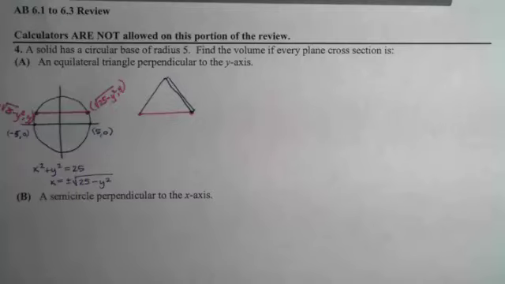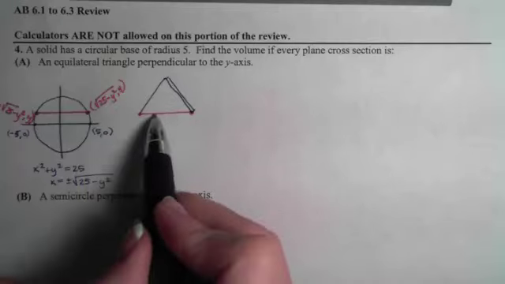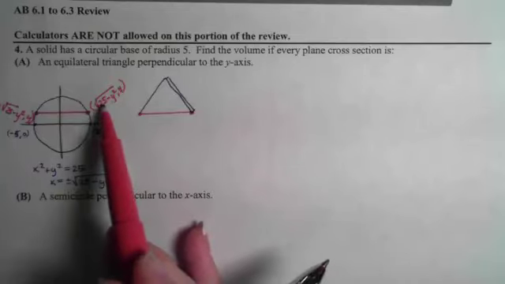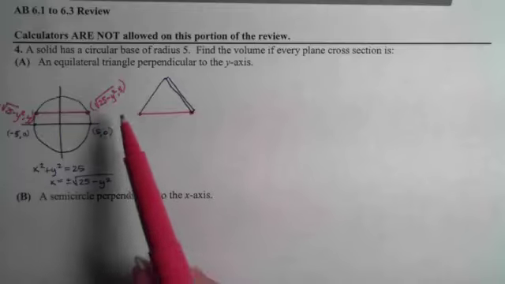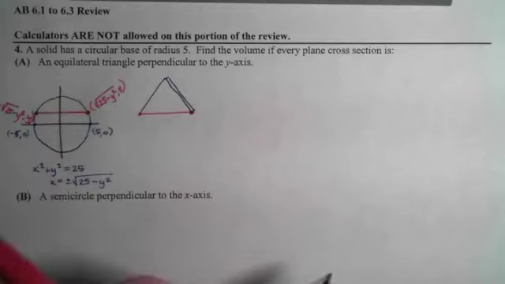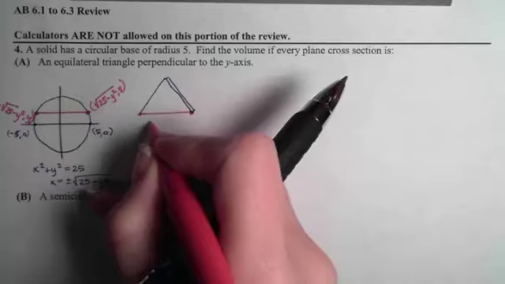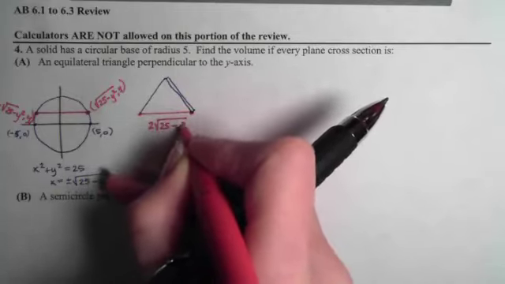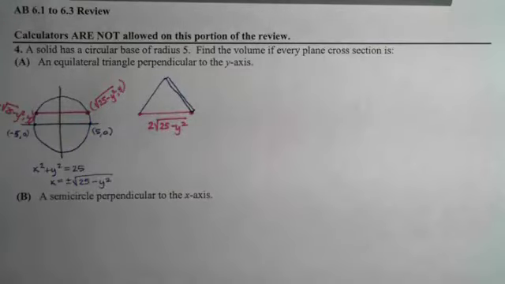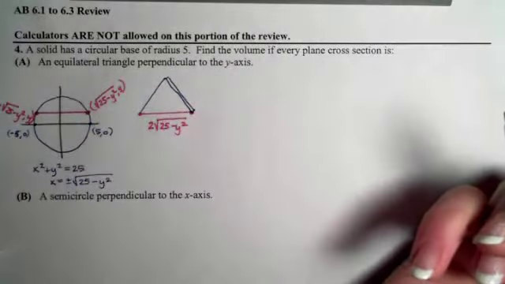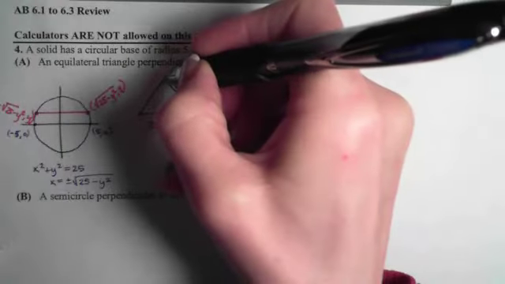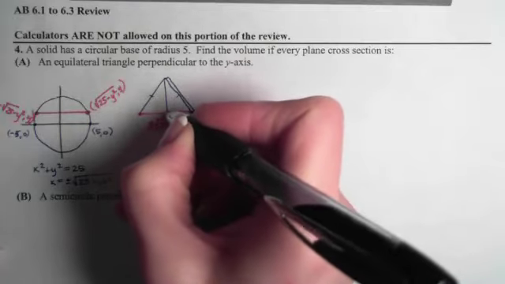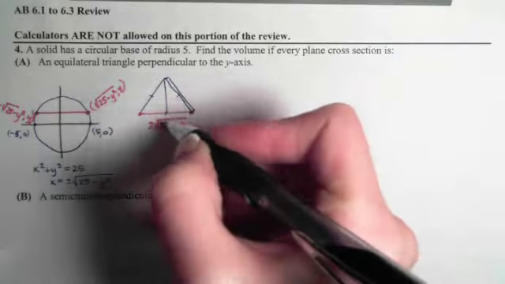So now the length of that strip, which is the same as the base of the triangle, is going to be the right x-coordinate minus the left x-coordinate, which will be the root minus the negative root, which gives me 2 of those roots. And then in order to find the volume of this slice, I'm going to need the height of that triangle. Remember, this is an equilateral triangle, so the 3 sides are the same.